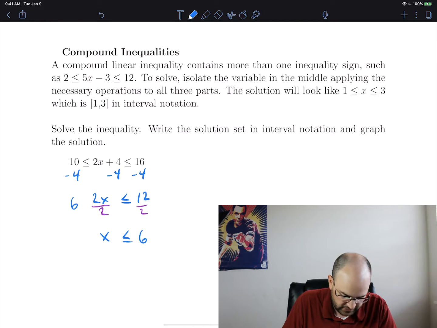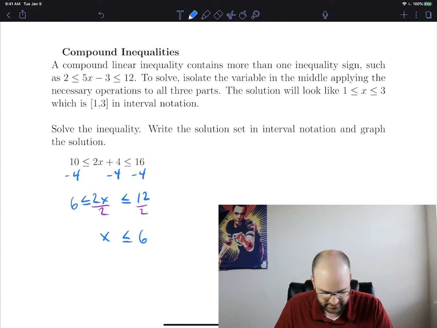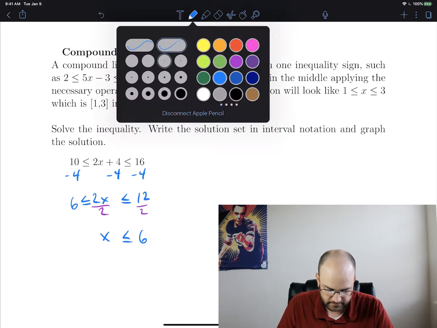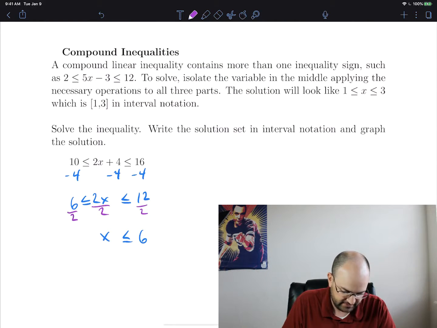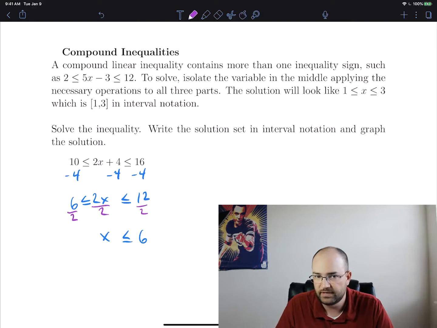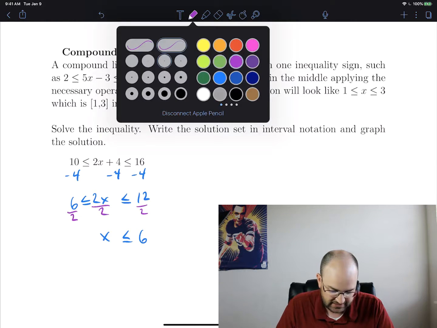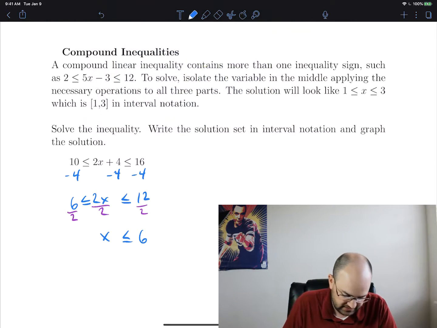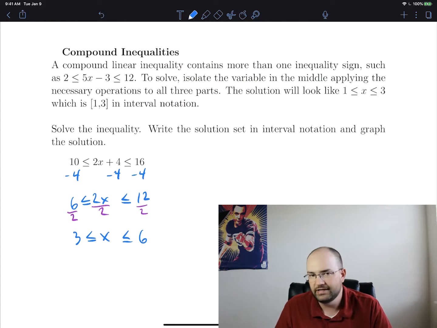And 10 minus 4 is 6. So we have 6 is less than or equal to 2x is less than or equal to 12. And at that point, we divided by 2, so then we would actually divide the left hand by 2 as well, which means 6 over 2, which is 3, less than or equal to all that. So we have 3 less than or equal to x is less than or equal to 6.